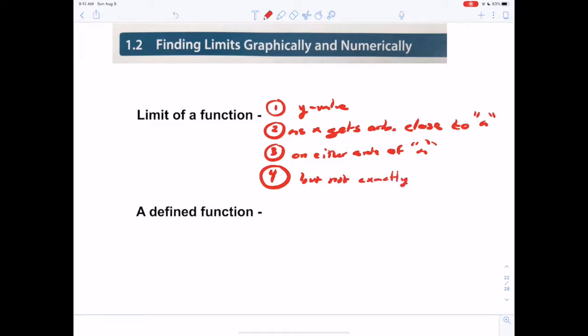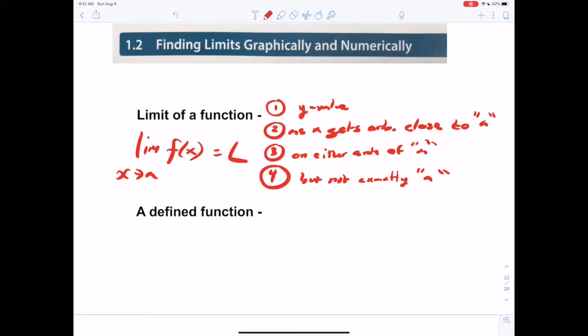So when you're studying limits, notice how every single component of this definition comes into play. Okay, all 4 lines here. So the limit of a function is when you get really close on either side, but not exactly at that moment. And it looks like the limit of f of x as x approaches a equals some number. That's the notation for that.